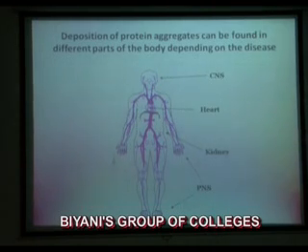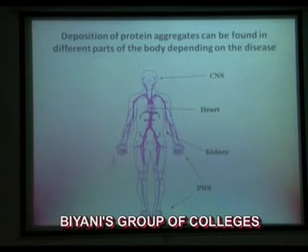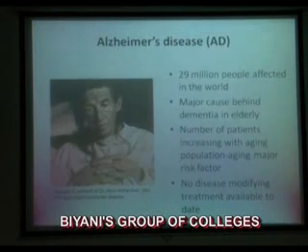In the case of Alzheimer's, the deposits are found in the brain. But in other diseases like ALS, the peripheral nervous system is affected, and in other diseases, the heart and kidney can be affected.